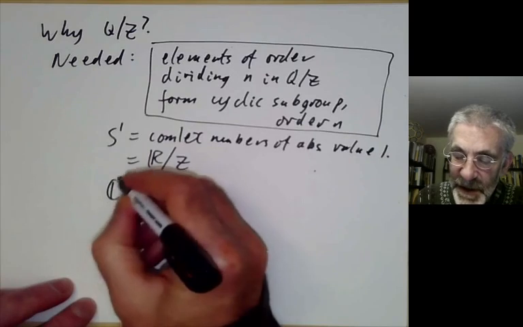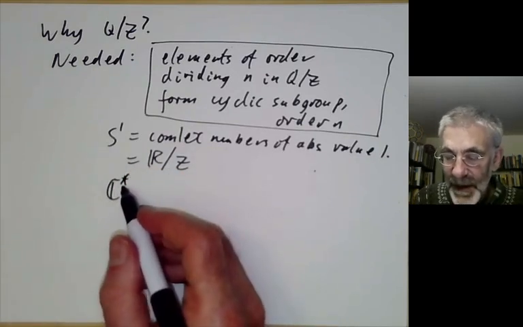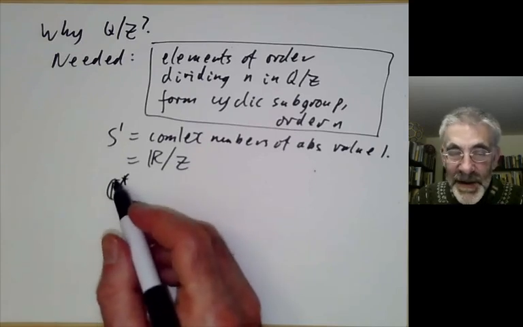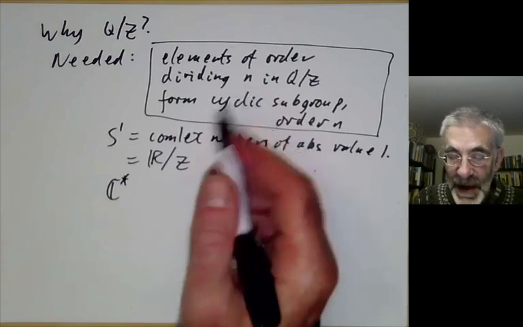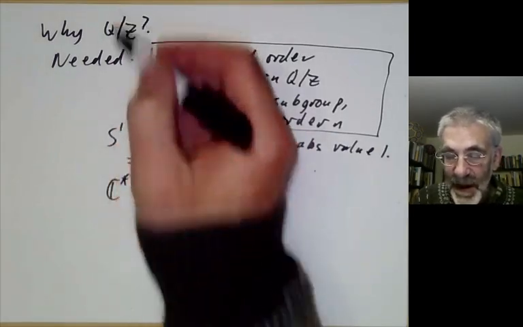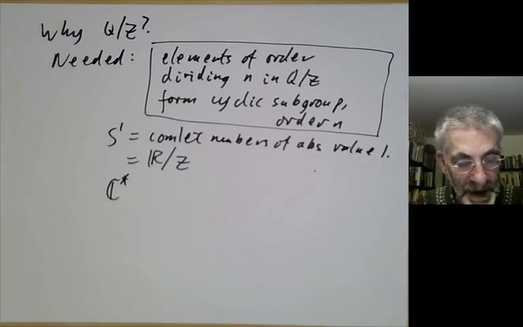We could even use the non-zero complex numbers, because the elements of order n in the non-zero complex numbers are just the nth roots of unity, and again these form a cyclic group of order n. So we could use any of these as a dualizing object for finite groups.